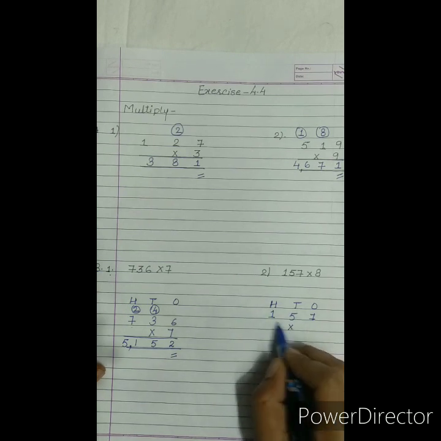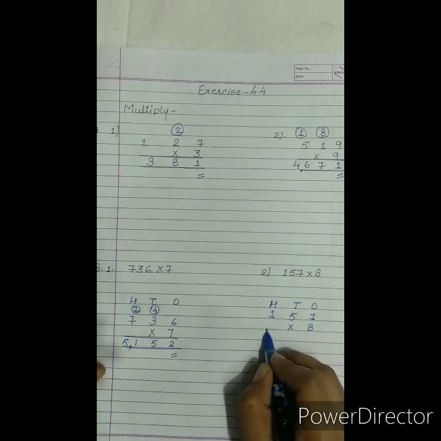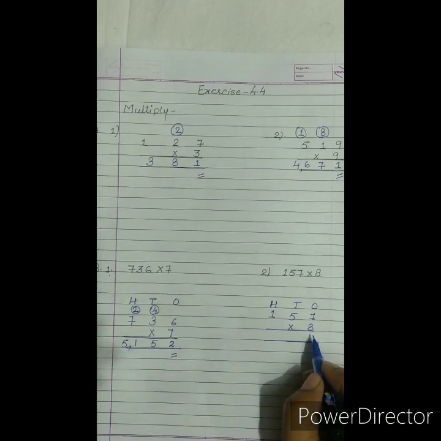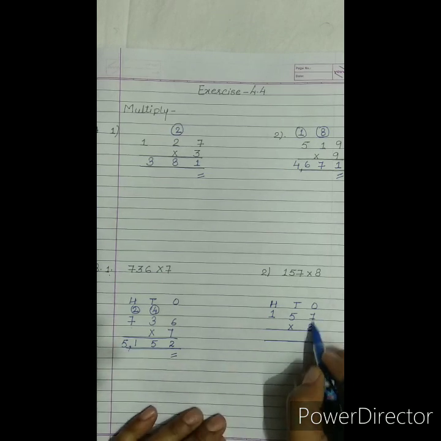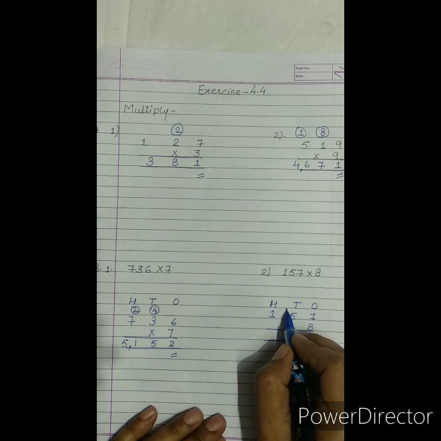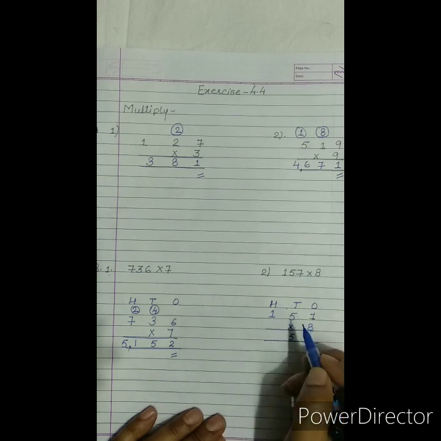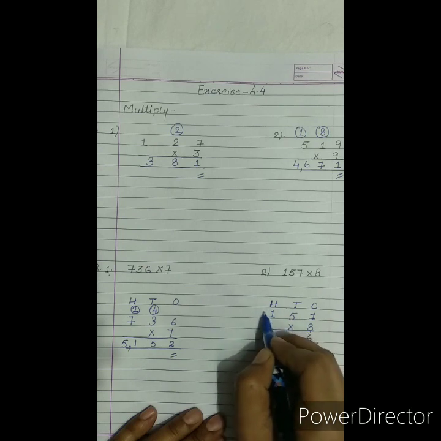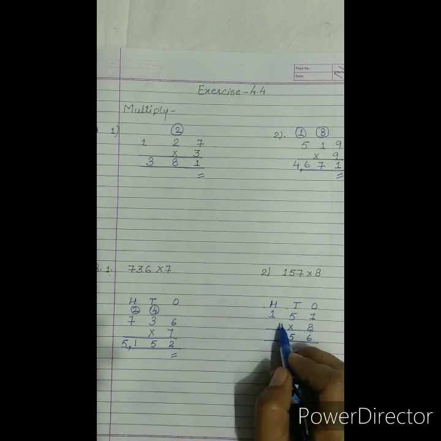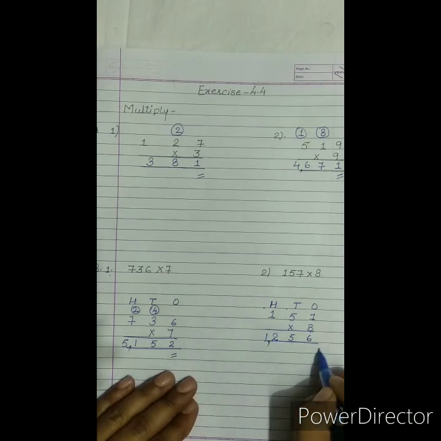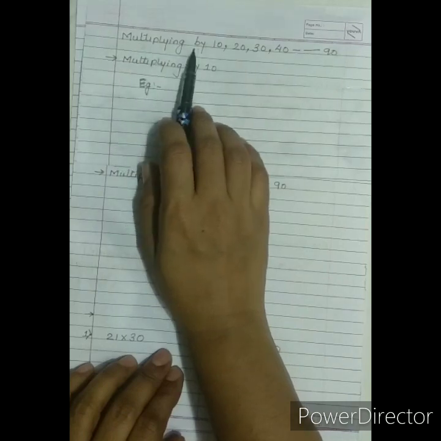We have to multiply this number 157 by 8. 8 7s are 56, 5 carry. 8 5s are 40, 40 plus 5, 45. 45, 4 goes up as a carry. 8 1s are 8, 9, 10, 11, 12. So answer is 1250.